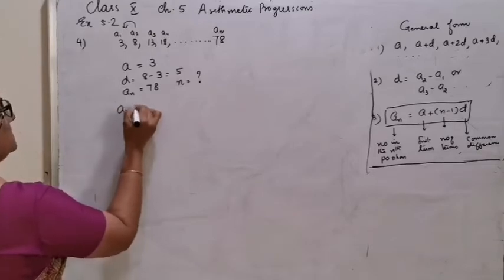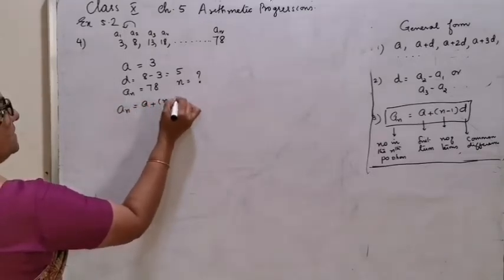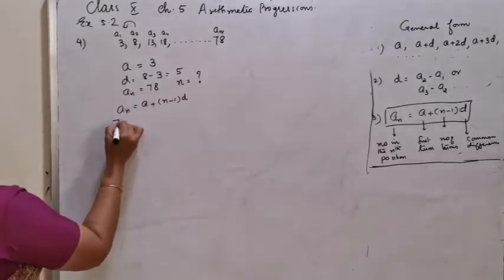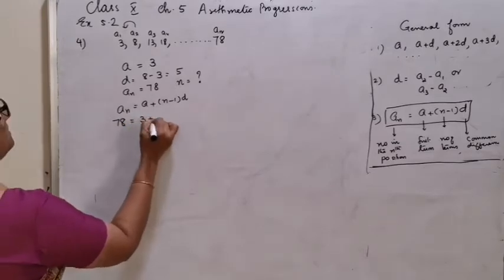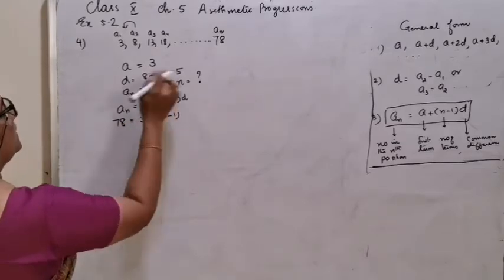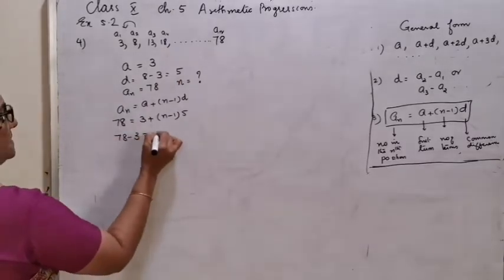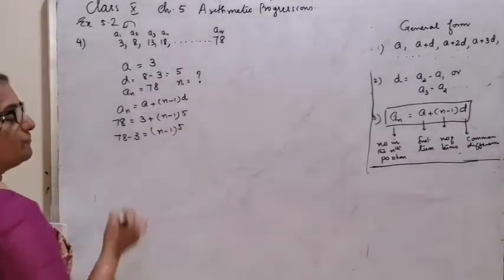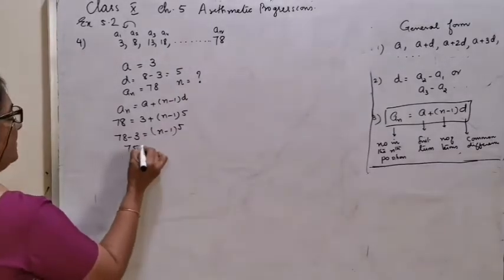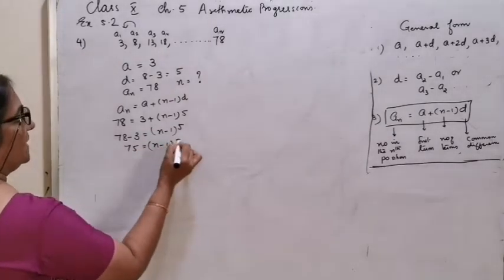Formula is AN is equal to A plus N minus 1 into D. 78 is equal to 3 plus N minus 1 into 5. 78 minus 3 is equal to N minus 1 into 5. 75 is equal to N minus 1 into 5.